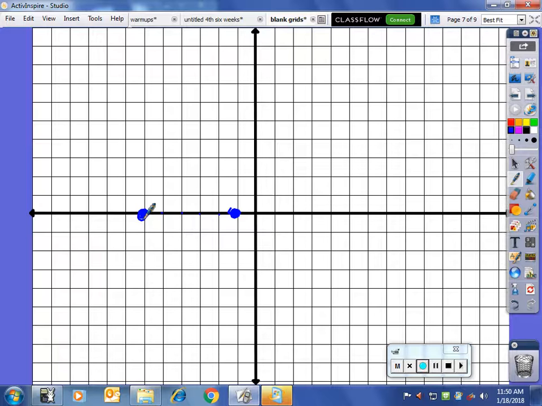But it really could be any 2 points. The vertex and the axis of symmetry always has to be right in the middle. So what would be the axis of symmetry for this parabola? This is at negative 1, 0. I know it's hard to count from where you're sitting. This is at negative 5, 0.